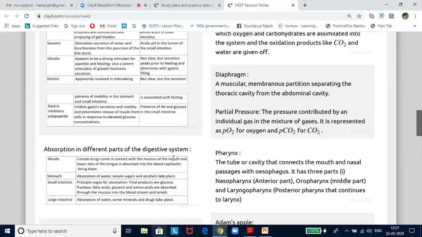From the capillaries, the nutrients enter the circulation and thus the simple forms of food pass to different cells and tissues of the body. The products of fat, such as fat soluble but water insoluble monoglycerides, fatty acids and glycerol, are first incorporated into water soluble droplets called micelles.